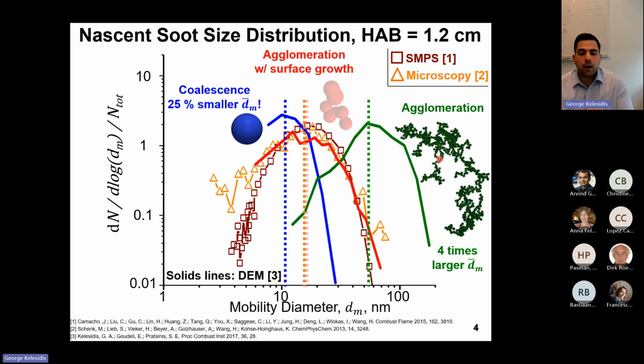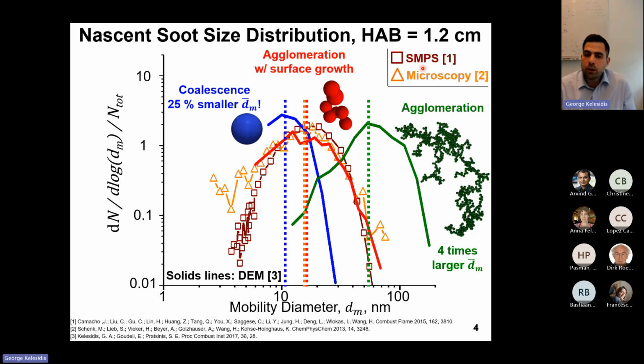So it's only when we account for both agglomeration and surface growth that we see the formation of these compact nascent soot aggregates that have a very similar morphology to those observed by the helium ion microscope images that I showed you in my second slide. So the size distribution of these nascent soot aggregates is in excellent agreement with the mobility size distributions measured both by microscopy but also by a scanning mobility particle sizer.